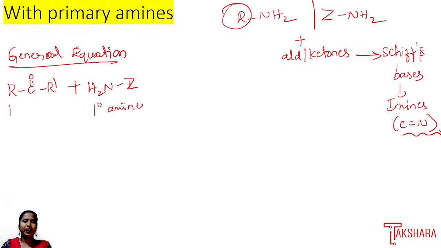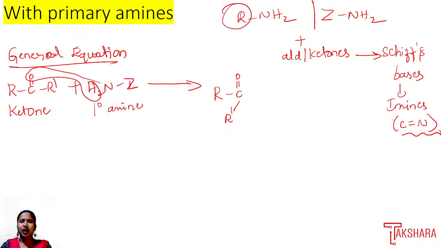What product do we get? Again a water molecule is removed, and the product obtained is RC double bond N Z with R dash, where in place of O, N and Z join with the removal of a water molecule. So this product is called an imine.